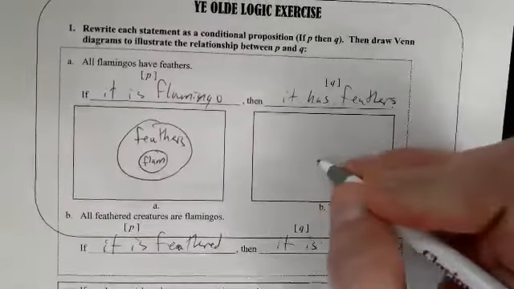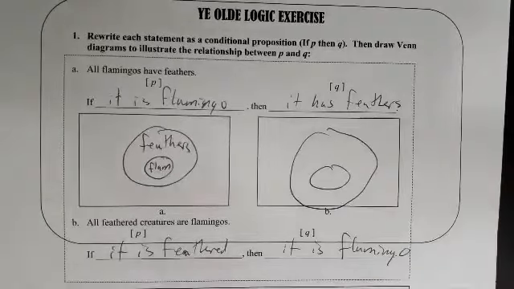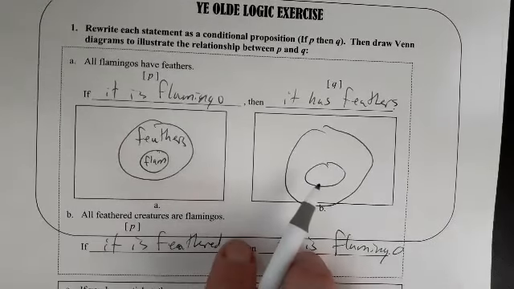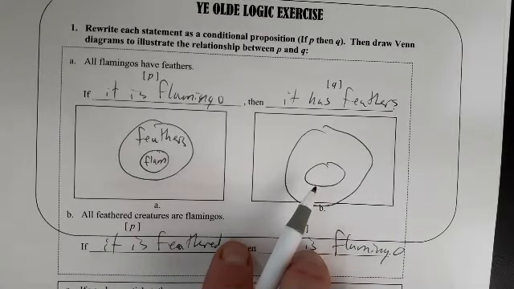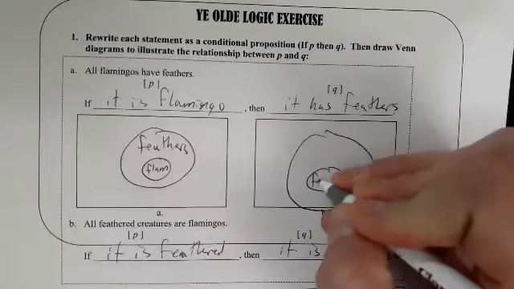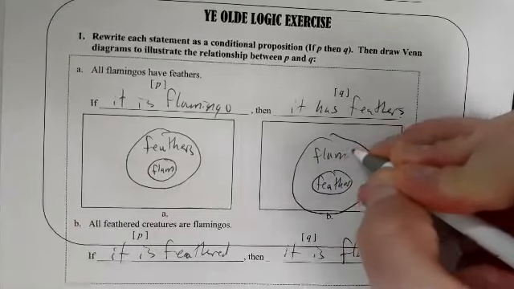And it does look like a subset. So what's my smaller set in this one? Feathered creatures. Yeah, so feathers is going to go on the inside now. It's not the same statement. It's not logically equivalent. So hopefully you're not drawing the same picture.